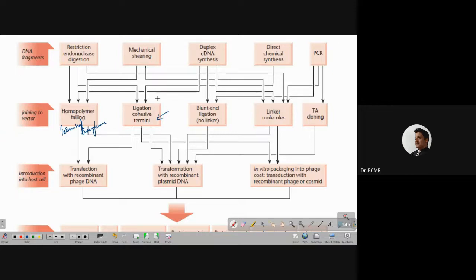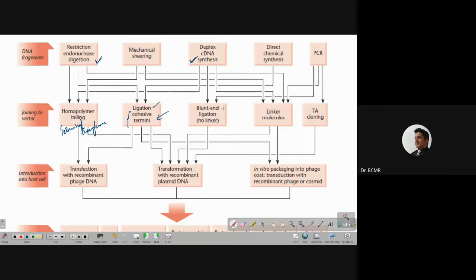See the overhangs when they are identical, which can be generated by cDNA synthesis, or we can also do it by restriction endonucleases. We can also try to do it by using linkers and other things. We can then use a simple ligation reaction because the overhangs are compatible. Then we can perform that.